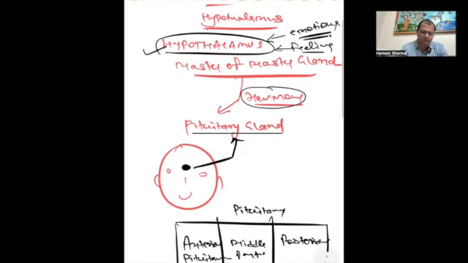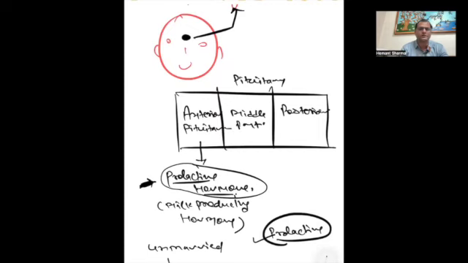So now we are coming back to the hypothalamus. The hypothalamus is commanding the pituitary, then the anterior pituitary secretes the prolactin.